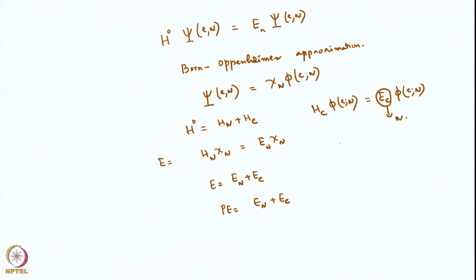So, you can make a potential surface, that is E, which depends on how the electrons and the nuclei are arranged as a function of distance. Now, one of the issues that we have is the following.